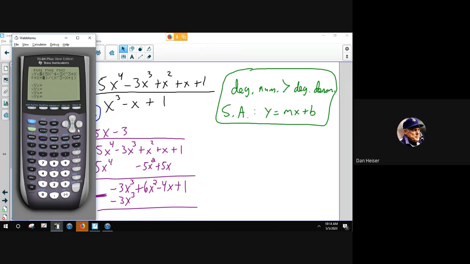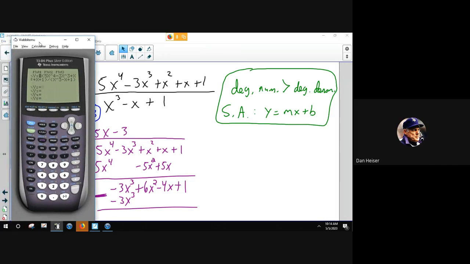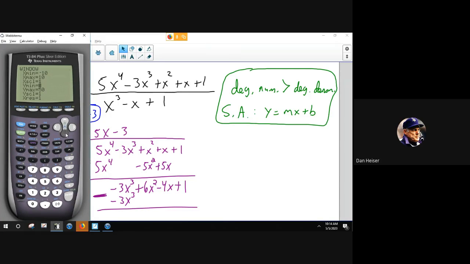Here's the slant asymptote, 5x minus 3. And it's a little hard to see. Let's see if I can make this a little nicer here. Let's try 30. Let's see what that does.